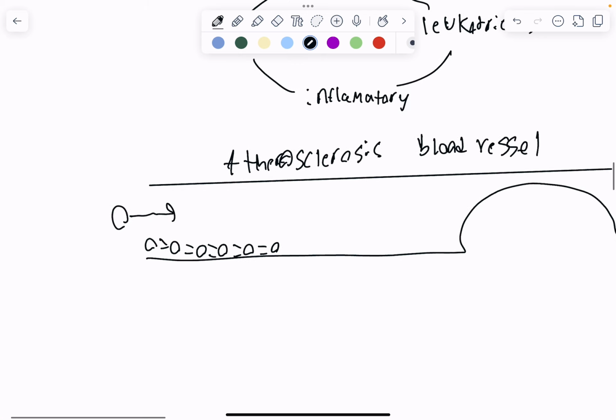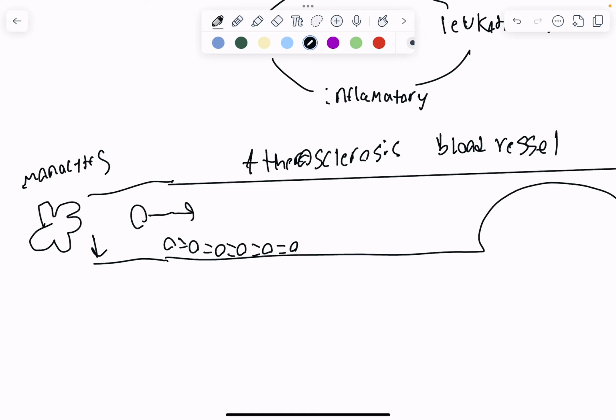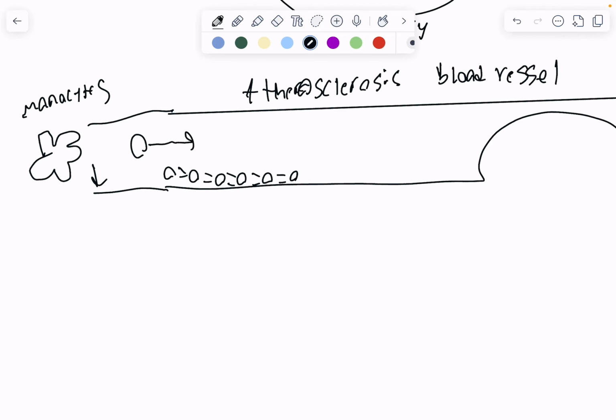However, that signaling cascade, that inflammatory response, would have happened, let's say, over here. And so that inflammatory response would signal for macrophages or monocytes to come to the inflammatory response to eat up the things causing it.